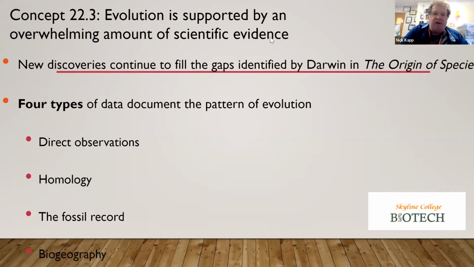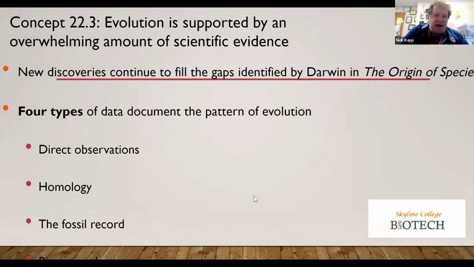Darwin looked at evolution, and he has basically 4 types of data that support evolution. The first is direct observation. You're going to need to know examples of direct observation from your book or from discussions that we've had in class. We will also look at homology and evolution.